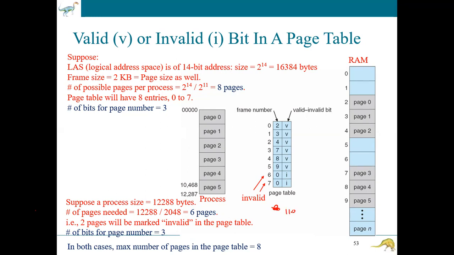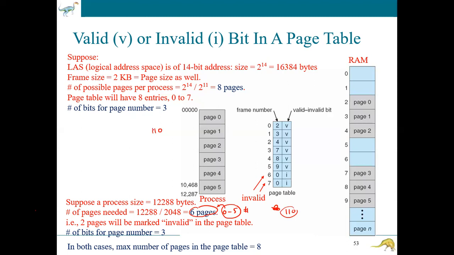You have 6 pages, 0 to 5, because page numbers are 0-relative. 0 to 5 page numbers means 6 pages, so only 2 pages are unused.